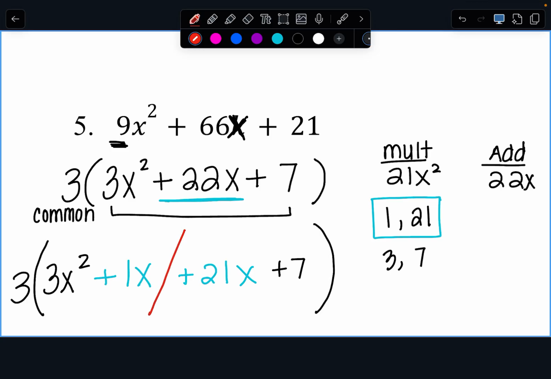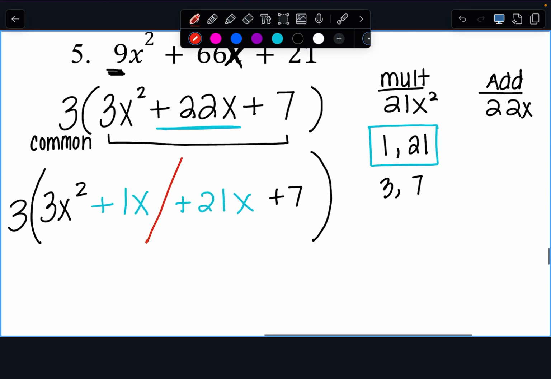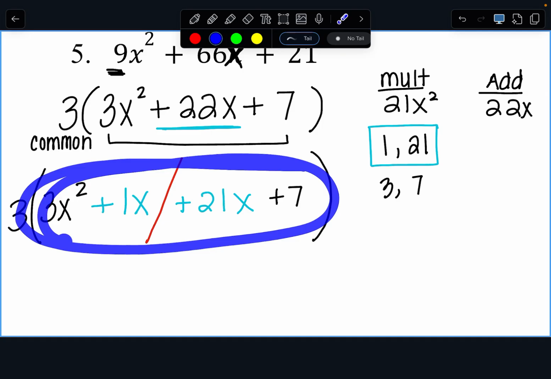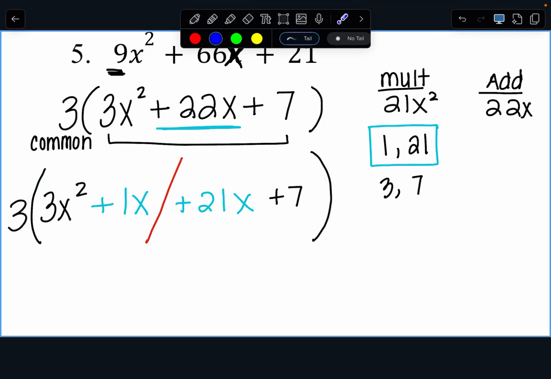And split that down the middle. Just focusing on this stuff inside the parentheses. That 3 is going to stay out in front again.